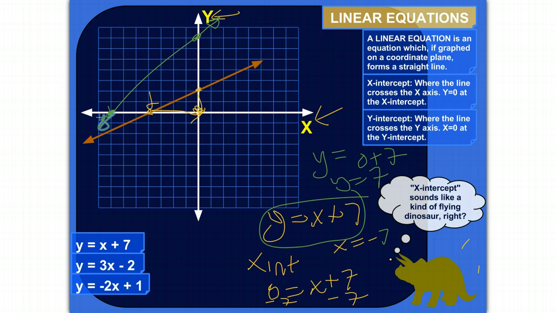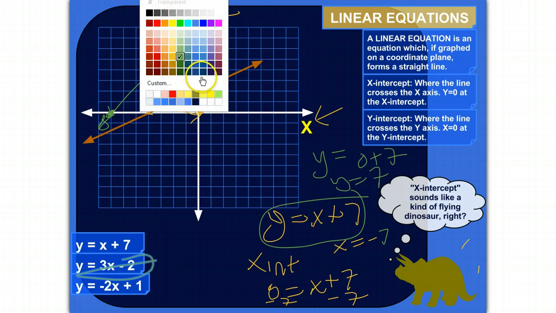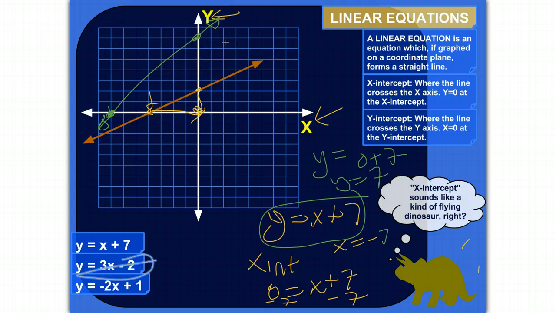Let's try another one: y equals 3x minus 2. Let me switch colors to keep these straight. Let's find the x-intercept first. At the x-intercept, which is where it crosses through the x-axis, y is going to be 0. So we make y into 0 and solve for x.